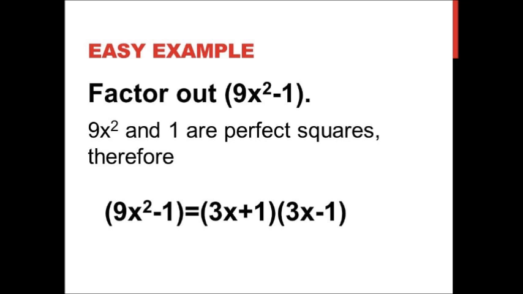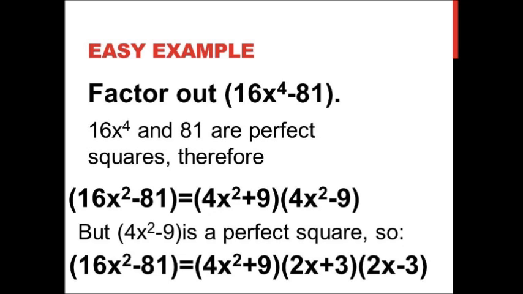And so, applying the difference of two squares formula, the factors will be 3x plus 1 and 3x minus 1. So it's really easy, right? You'll see that we'll up the ante in the next examples. So sit tight and just remember the formula in your mind so you won't go nuts over the next problems.